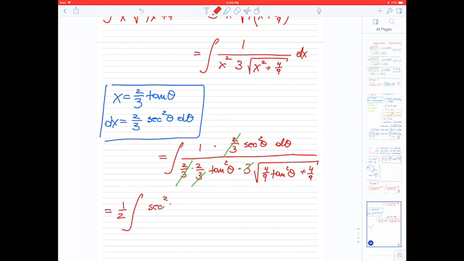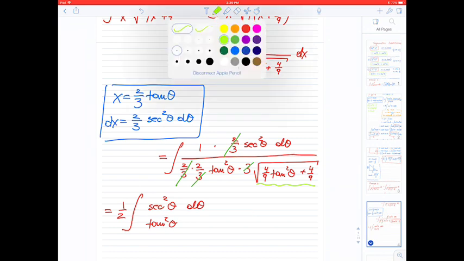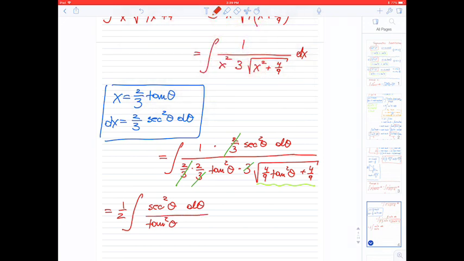I'm left with secant square theta d theta on the top, and tan square theta, and I still have my square root. Let me work it out with that square root. That means we can factor out 4 over 9.